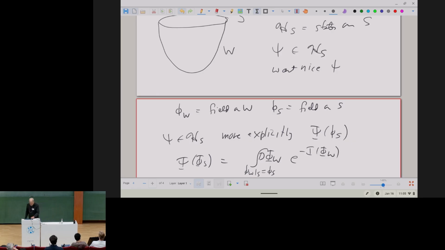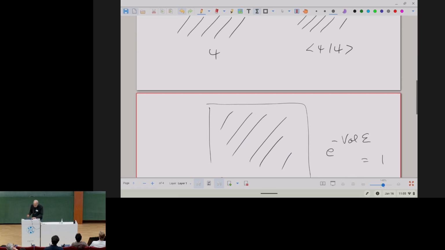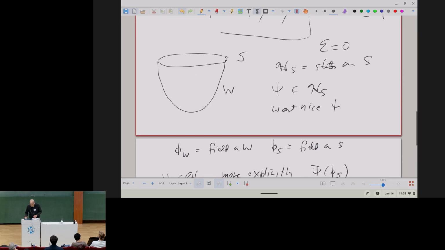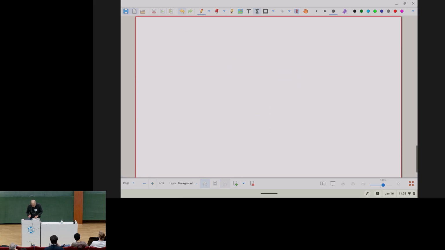So what we did here was a special case of that, where S was, let's say, R3 if we're in 4 dimensions, and W was a half space in R4, the lower half space. A lot of times, in many applications, S and W will be compact. In this example, they were not. Anyway, both for my lectures and lots of other things, it's helpful to be familiar with those things.